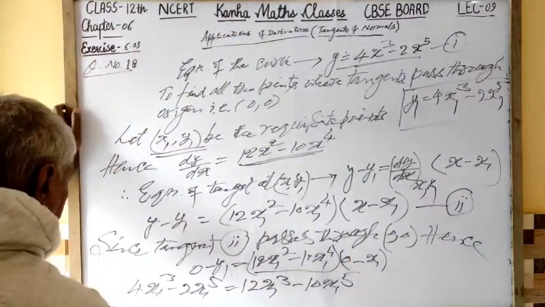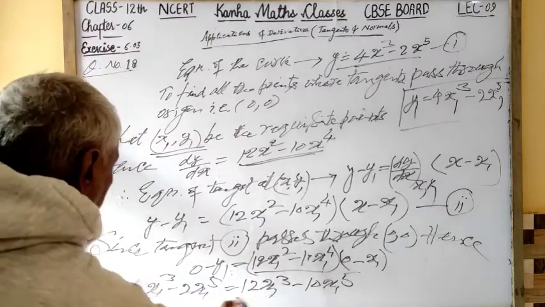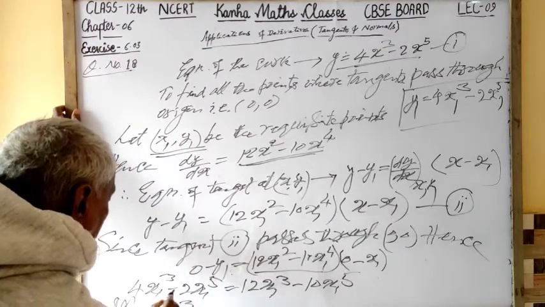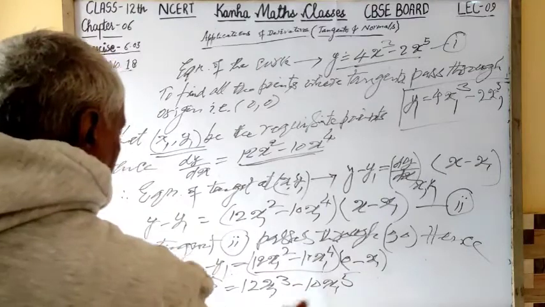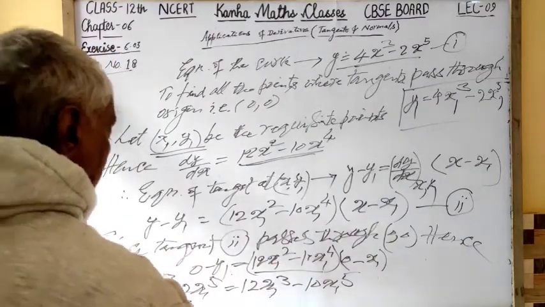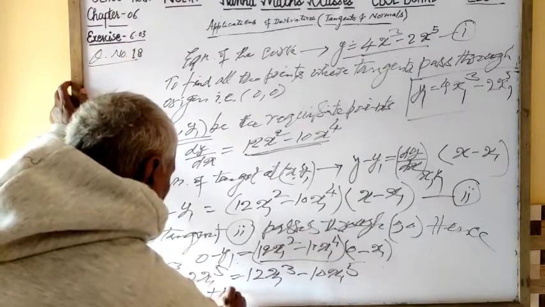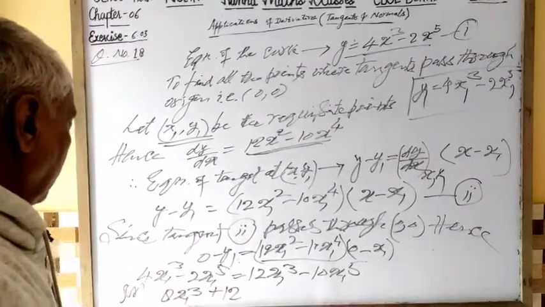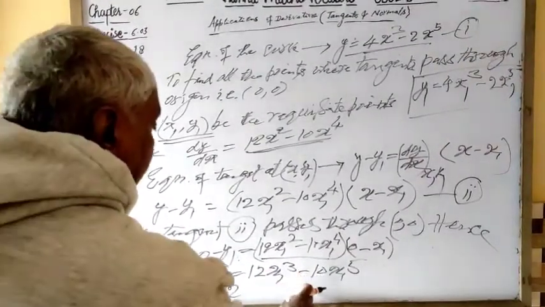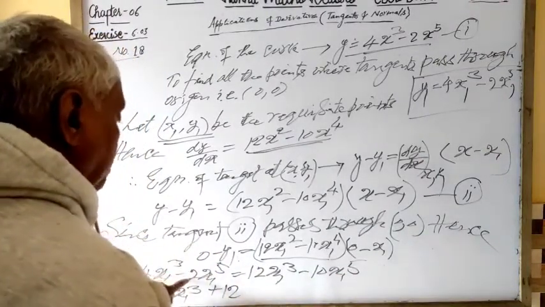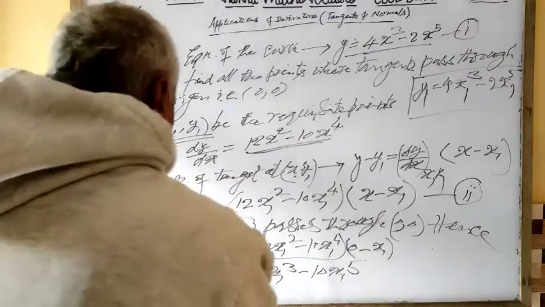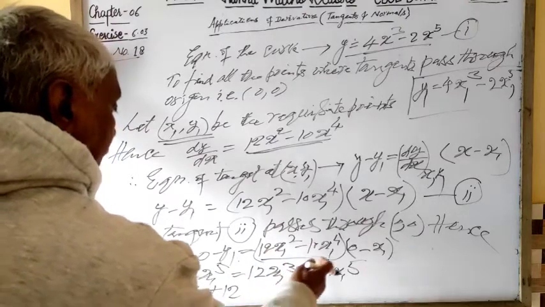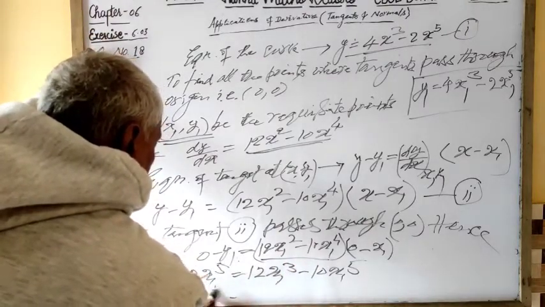By transferring, 12x1 cube minus 4x1 cube will become 8x1 cube, and minus 10x1 to the power 5, by transferring minus 2x1 to the power 5, will become plus 2x1 to the power 5.